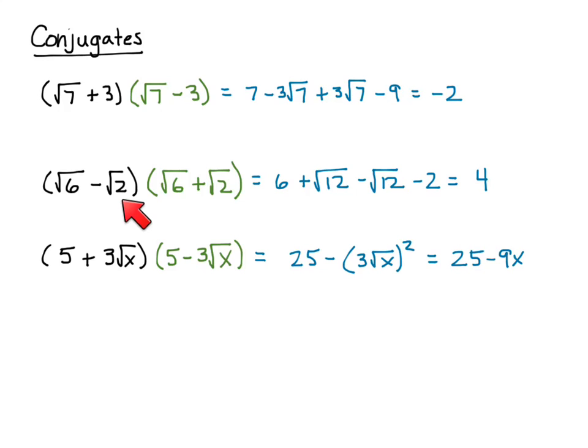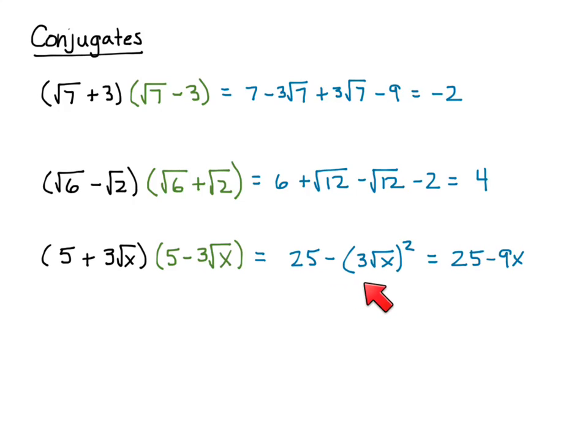When we take the sum and the difference, what we're really doing is taking the square root of 6 squared and the square root of 2 squared. And so we don't really even have to write these middle terms. We just see 6 minus 2. And so it's that difference between squares. Here all I'm doing is choosing my two terms, the 5 and the 3 square root of x, and squaring them both.